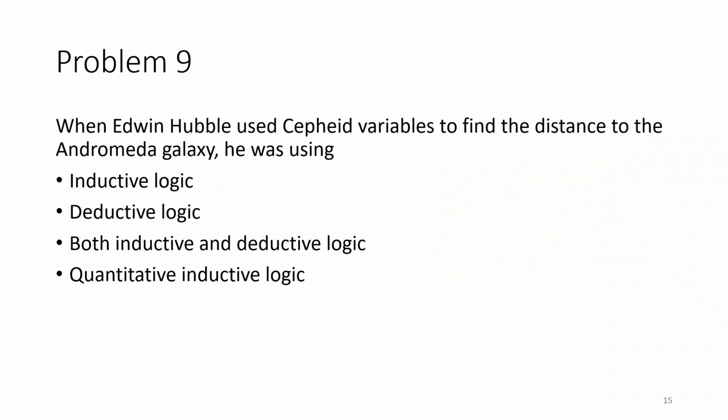Okay. So problem 9. When Edwin Hubble used Cepheid variables to find the distance to the Andromeda galaxy, he was using the following logics. Which one? Both inductive and deductive, and deductive. Okay.